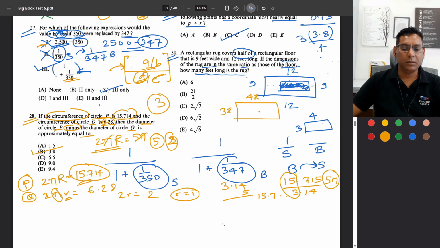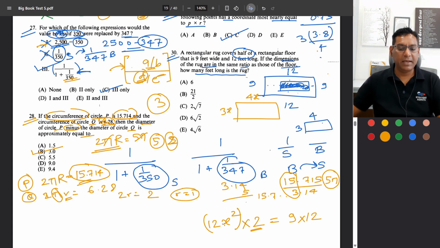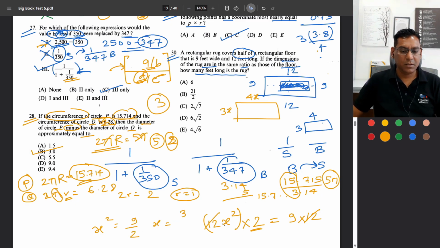The area of the rug is going to be 12x squared, which is half of the area of the rectangle. Correct. Area of the rug times 2 is equal to area of the rectangle. Fairly easy now. 12 gets cancelled. x squared is equal to 9 by 2. So x is 3 by root 2.